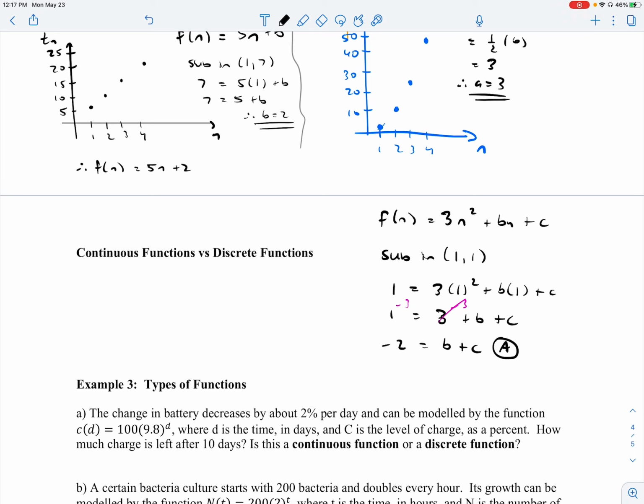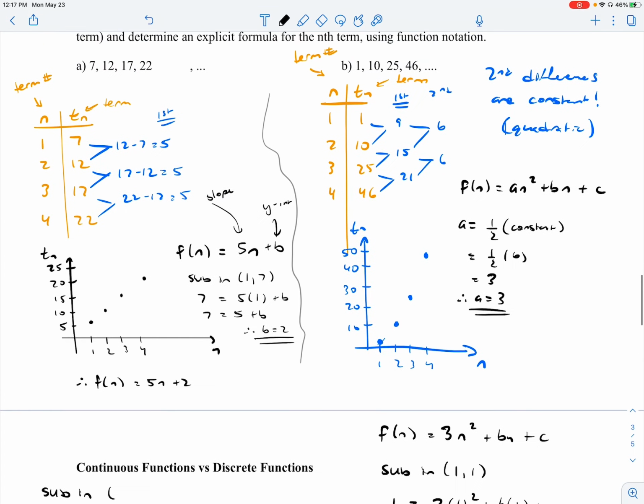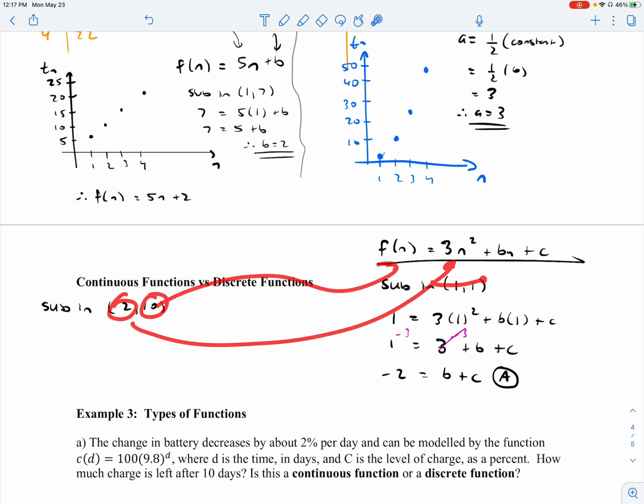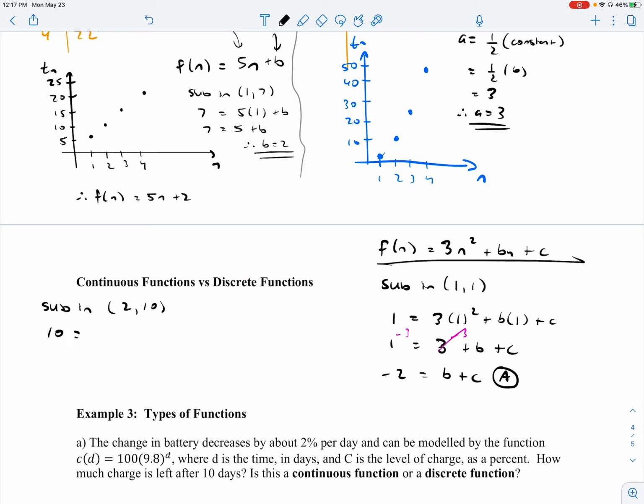So now what we're going to do is substitute in the next point. The next point we had was (2, 10). We're going to plug that into this equation. So 10 is going to go in for f, and 2 is going to go in for the n's. 10 equals 3 times 2 squared plus b times 2 plus c.